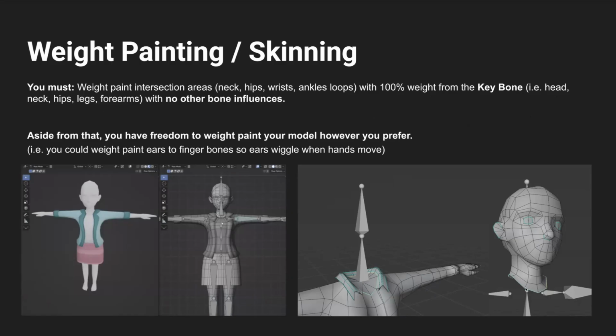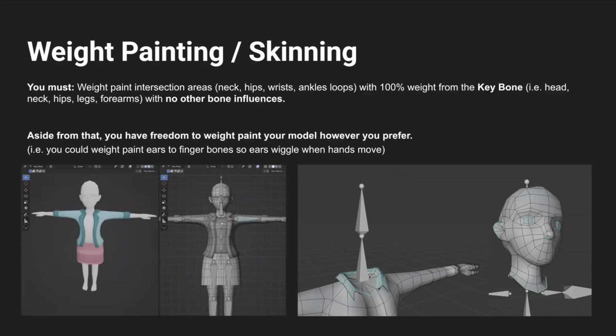So each of these vertices perfectly lines up with the part underneath it. And to make sure that they always stick together and never come apart and never break, regardless of whatever movements or dances or jumping that your avatar may be doing, what you want to do is to weight paint those connection points, those vertices, 100% to the key bone that is controlling them.